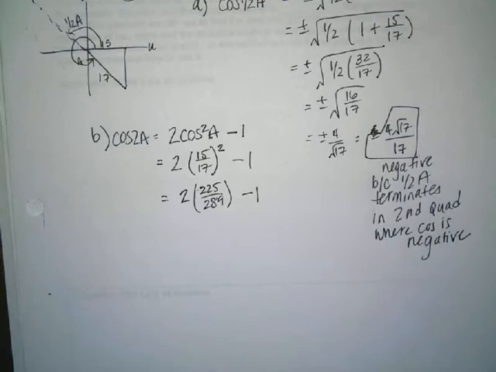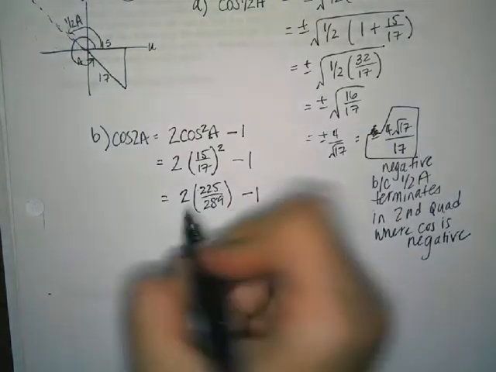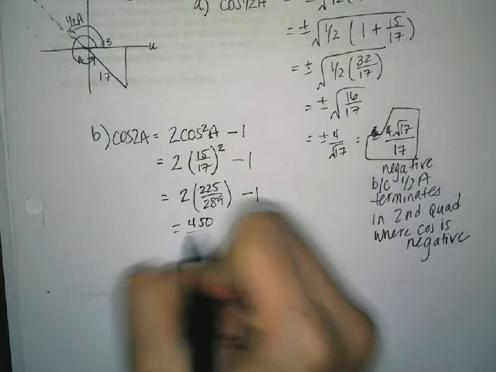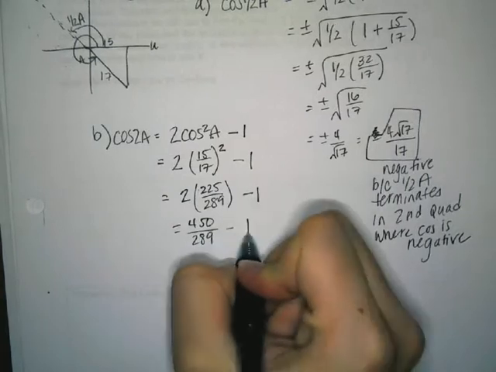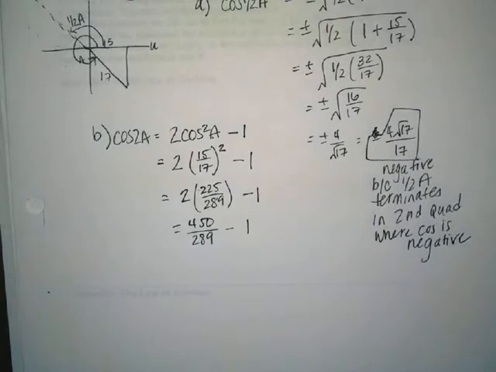And then 2 times 225 would be 450. The 1, in order to subtract, would actually be 289/289.